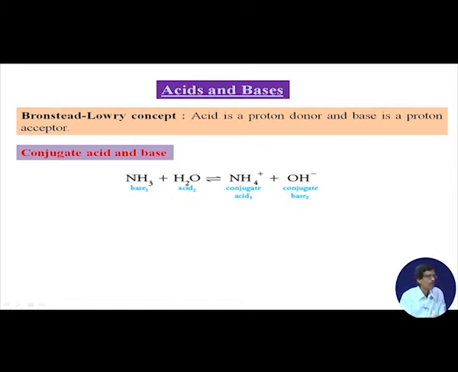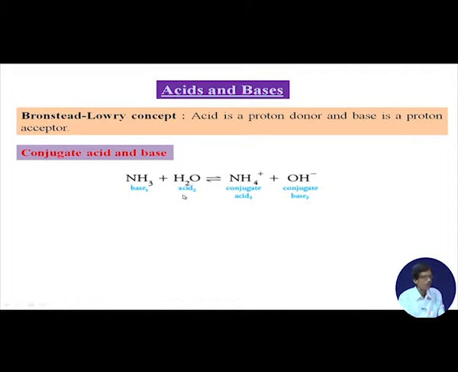When we talk about ammonia, that means ammonium hydroxide, we are just talking about ammonium hydroxide. The definition is that a substance acts as an acid only in presence of a base. Similarly, ammonia NH3 can act as a base if an acid is present.